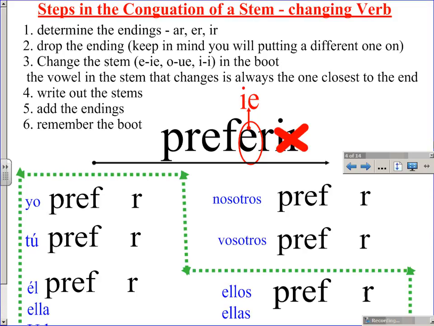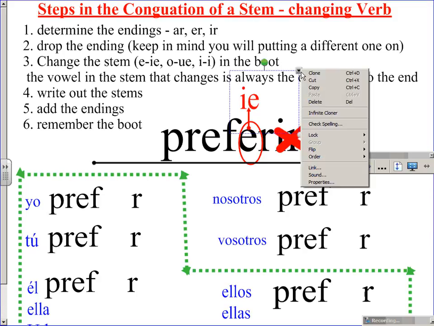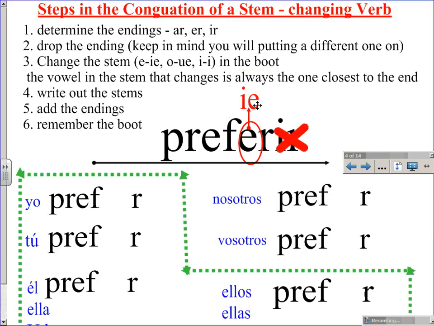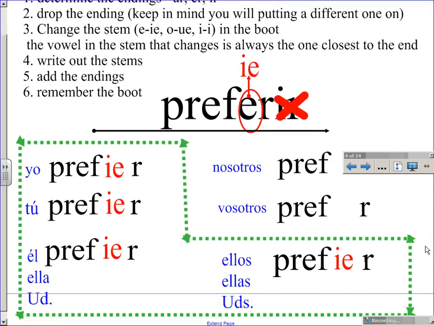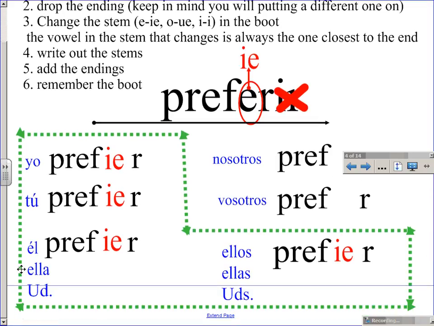Okay, so then I know that this IE is going to go right here, and right here, and right here, in each of these ones, and right here. Now the reason why I have this goofy green box drawn around my verb is because those are the only ones that change.